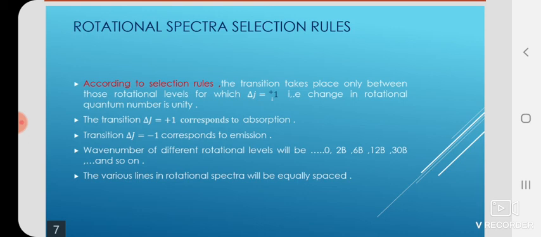The transition in which delta J is equal to plus 1 corresponds to absorption, and the transition in which delta J is equal to minus 1 corresponds to emission. The wave numbers of the different rotational levels will be 0, 2B, 6B, 12B, 30B and so on.